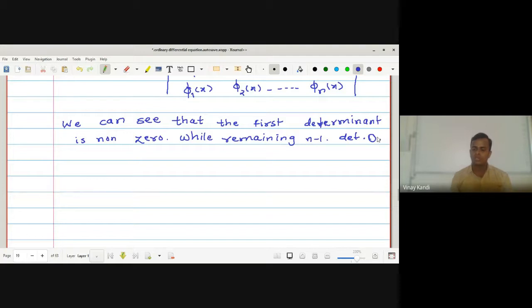Okay, any doubt? No, sir. Since two rows are identical, since two rows are identical in every determinant.